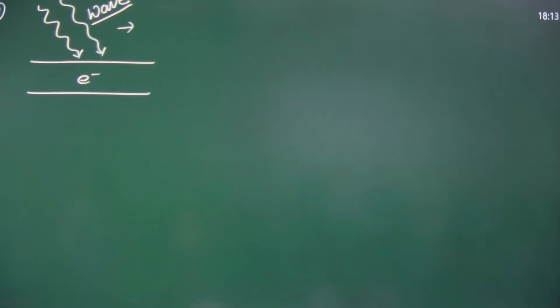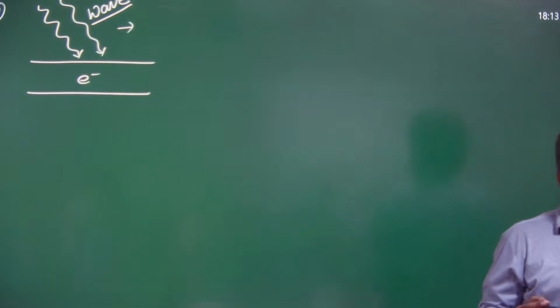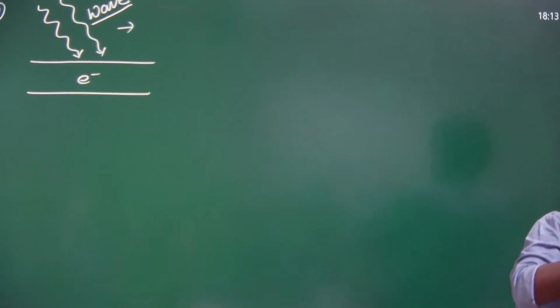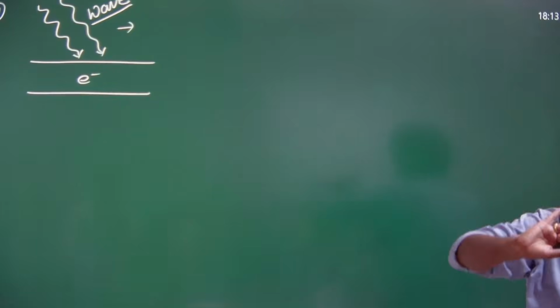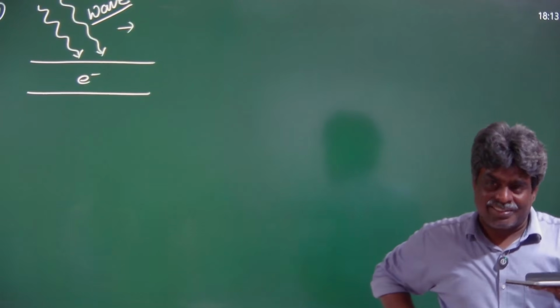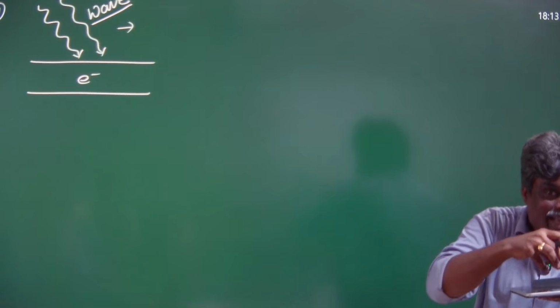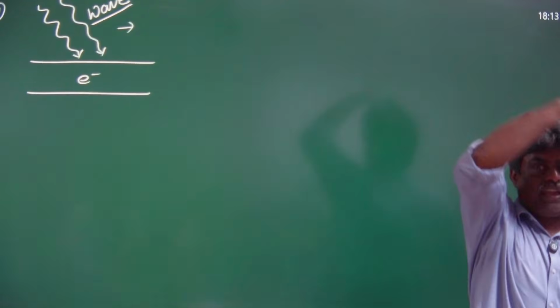Now, for example, let us suppose this is the metal plate, and you are sending light. If you increase the intensity, the kinetic energy is still not increased. What is the meaning of that? That means the electrons are not taking that light as a whole wave.